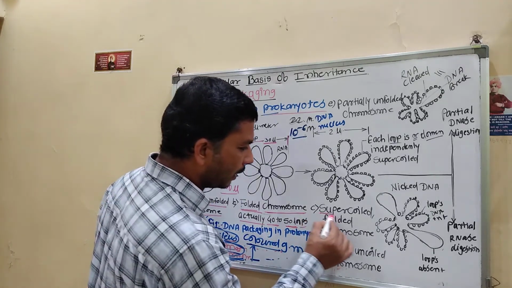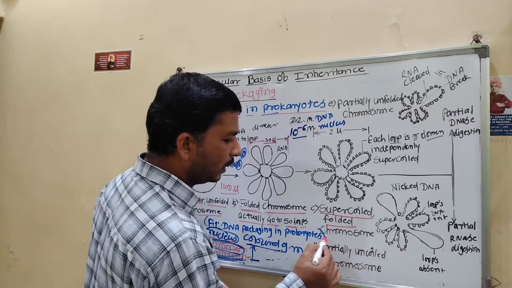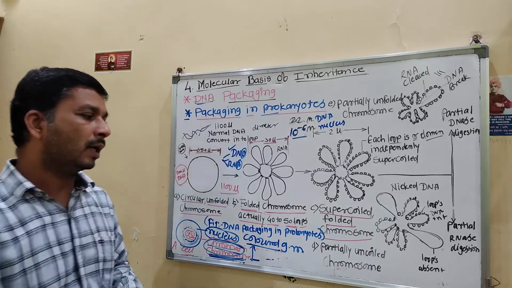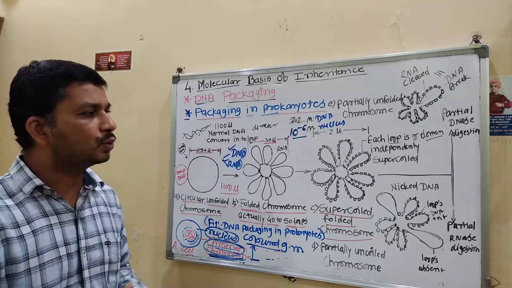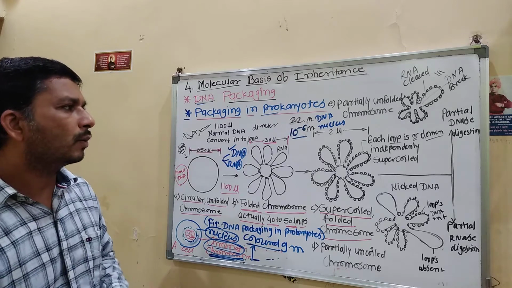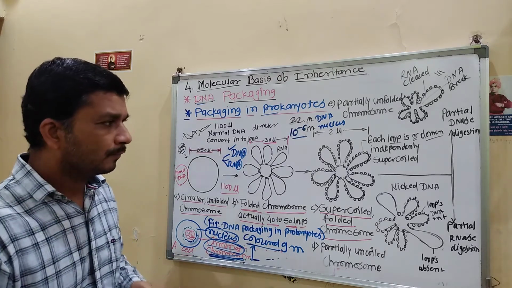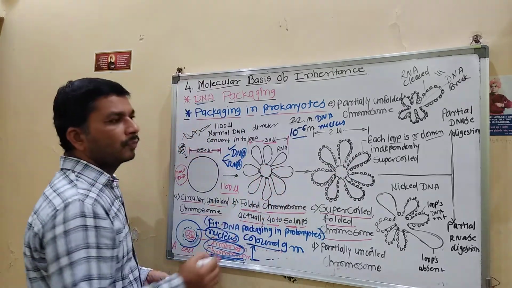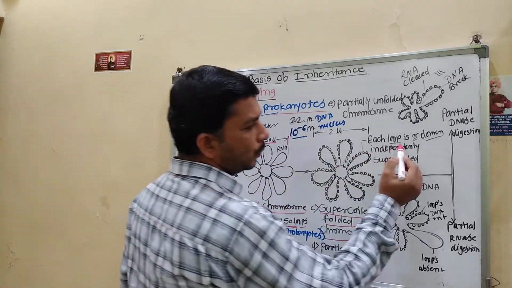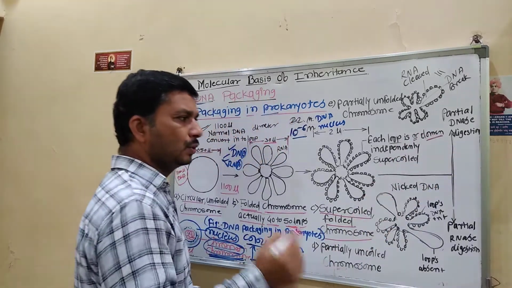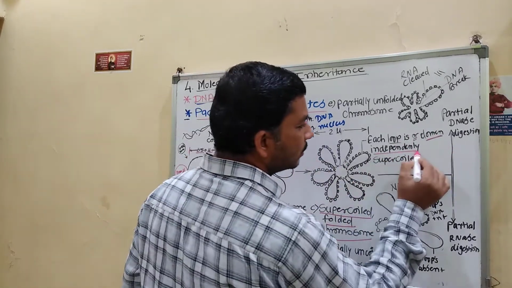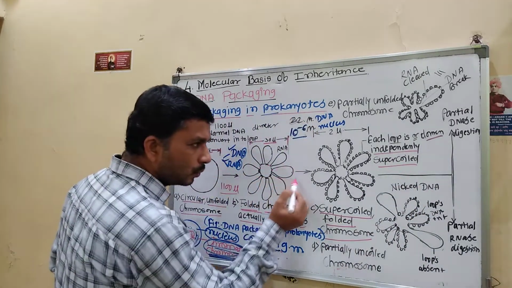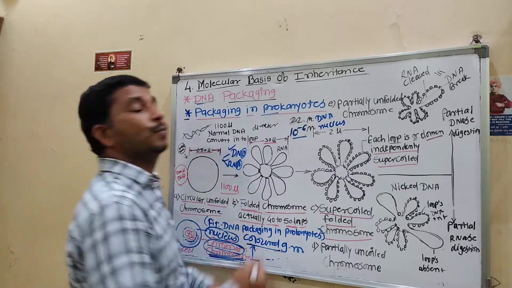Supercoiling, again what happened? Supercoiled folded chromosomes take place. The chromosomes are again supercoiled. What is meant by supercoiled and how do they do the supercoil? On these loops, each loop, or we call it a domain, they independently supercoil there.